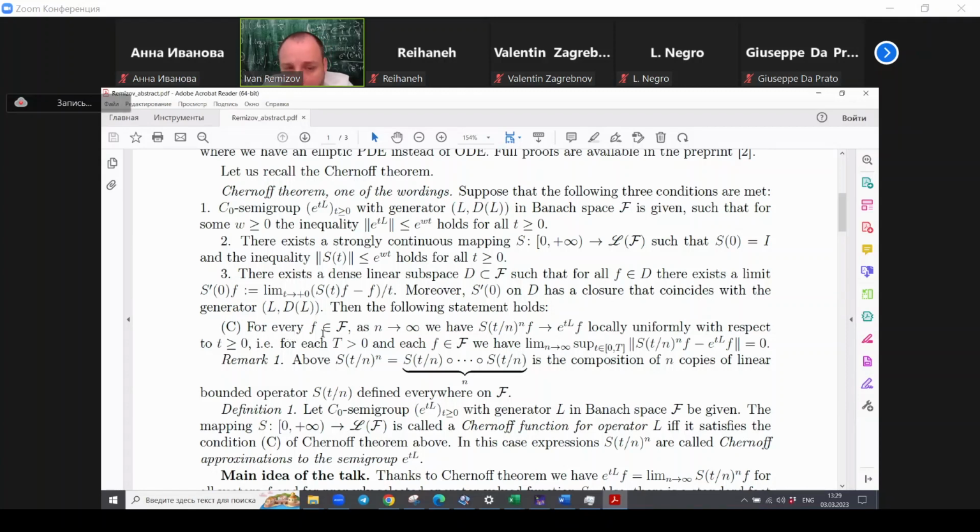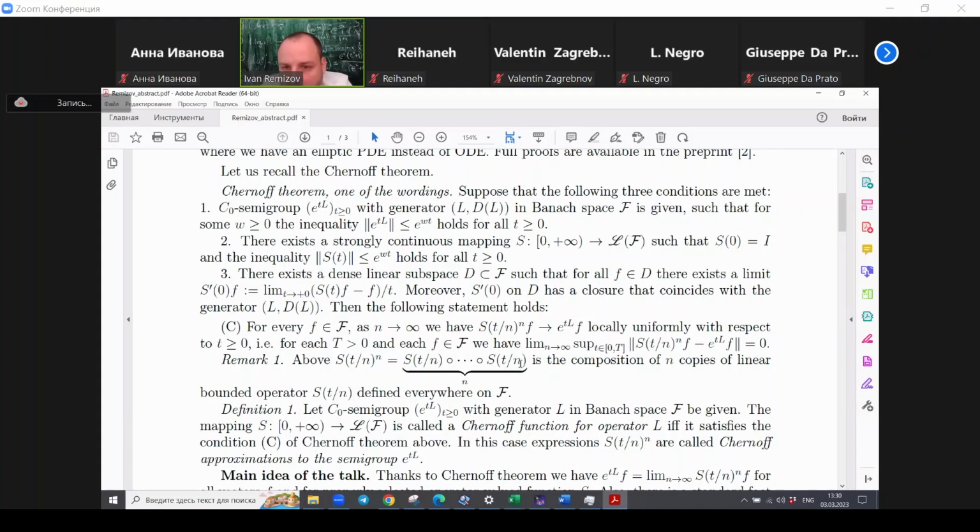The condition is the following: for each f, as n tends to infinity, S of t over n to the power n applied to f tends to e to the power tL applied to f, locally uniformly with respect to t, which means that for each t greater than 0 and each vector f, the limit of the supremum of the norm of the difference tends to 0.